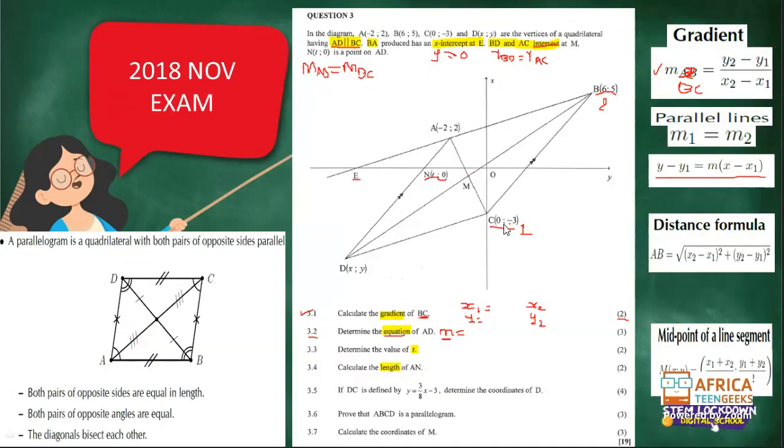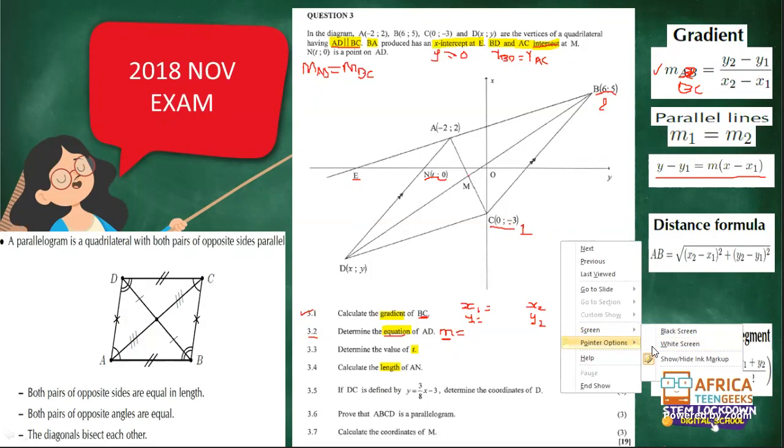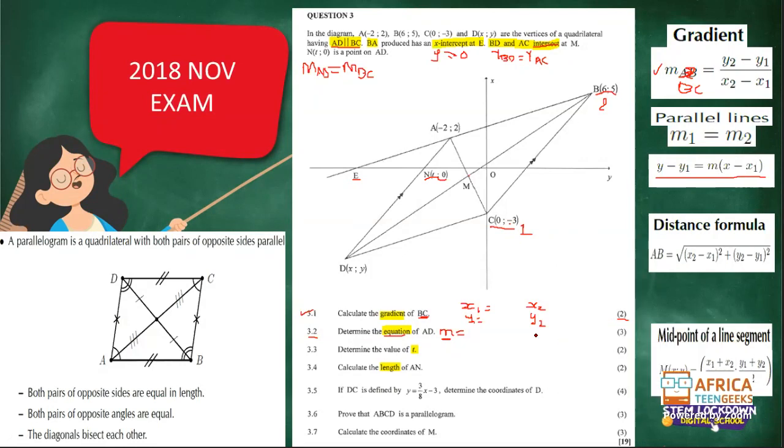Let's say this is our point 1 and this is our point 2. So this is our point 1, our x is 0, and our y is -3.